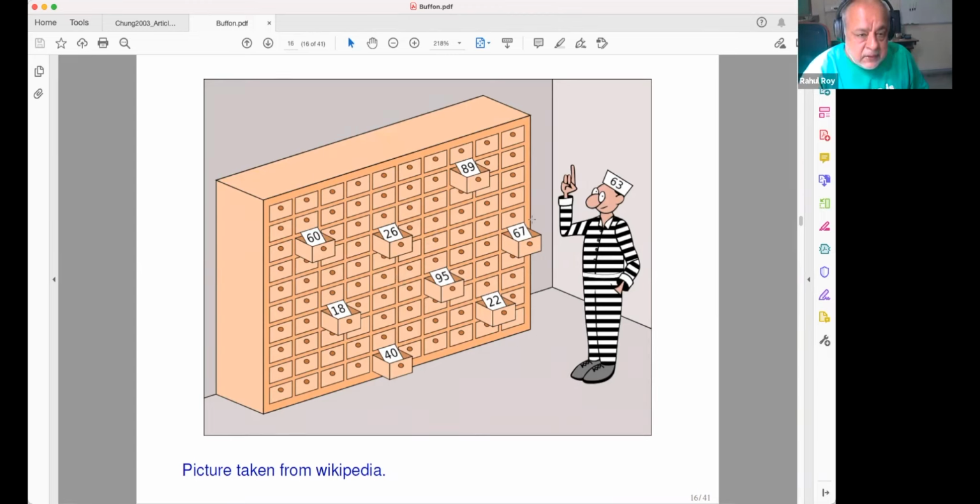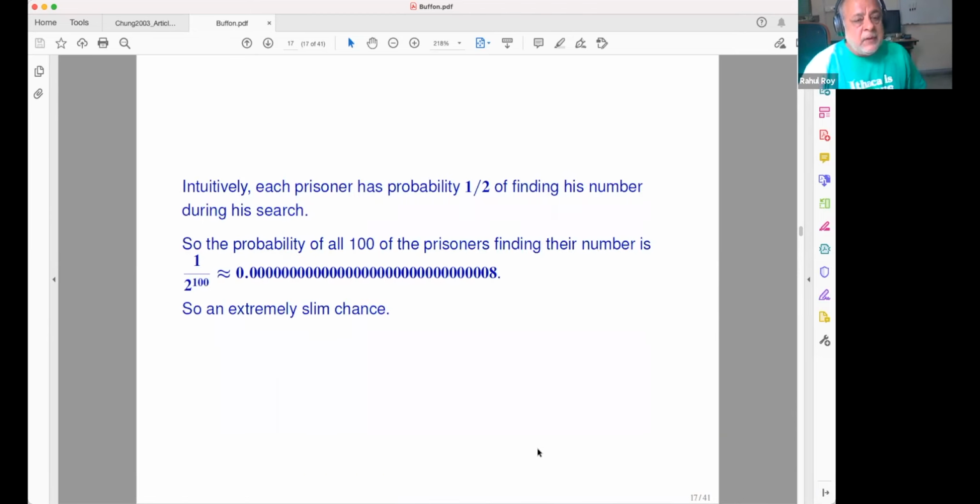In this drawer he finds 60, etc. As I was telling you earlier, intuitively, each prisoner has a probability half of finding his number during the search. Why half? Because he is opening 50 out of 100 drawers. So the probability that in one of the 50 drawers which he opens, his number is there is exactly half.